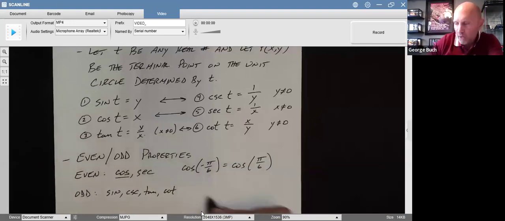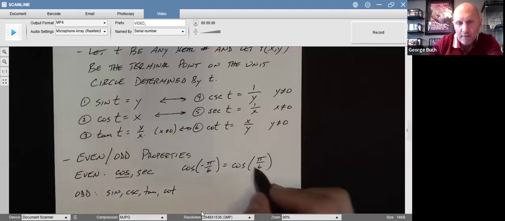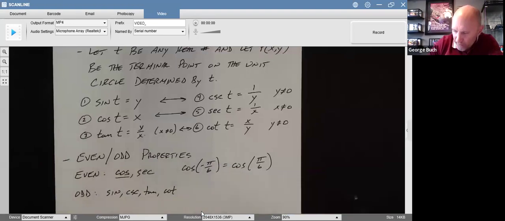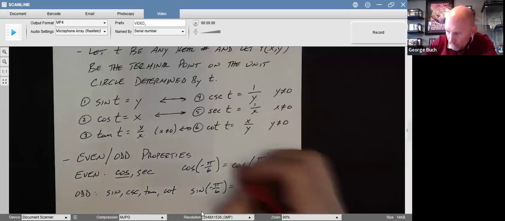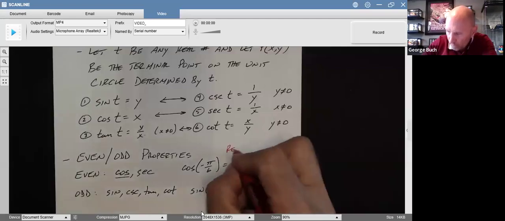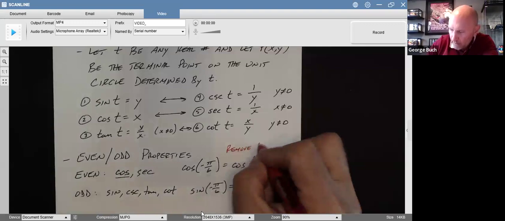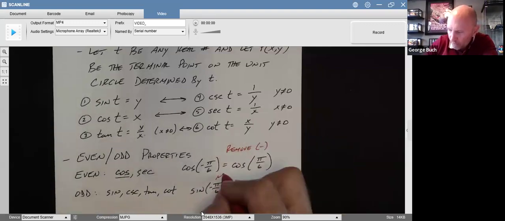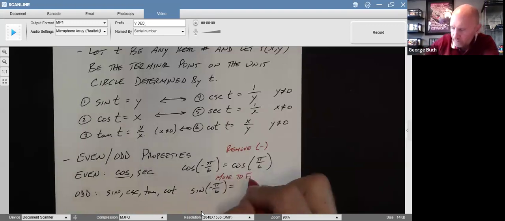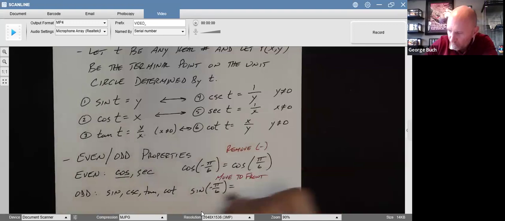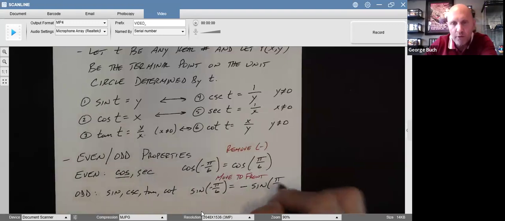That's how the even ones apply. I just get rid of the negative sign on the inside. Versus the odd functions, so if I have, let's say, sine of negative pi over 6, here I just remove the negative sign for the even one. On the odd function, I move the negative sign to the front. So in this case, this would be the same as negative sine of positive pi over 6.